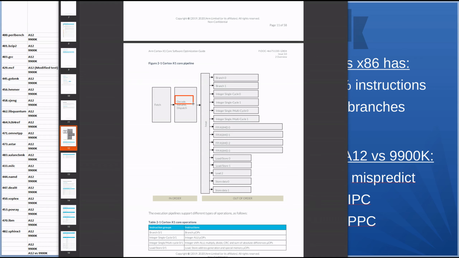The same as x86, which also decodes from x86 to micro-ops. So yeah, both architectures have a decode unit. Just because the ARM instruction set is RISC already, there is less complexity to do the decode.